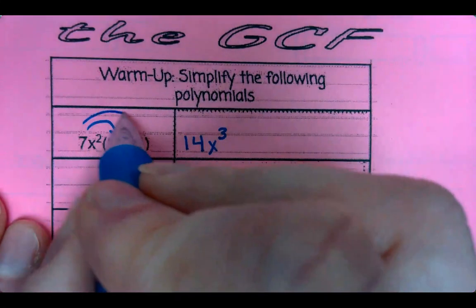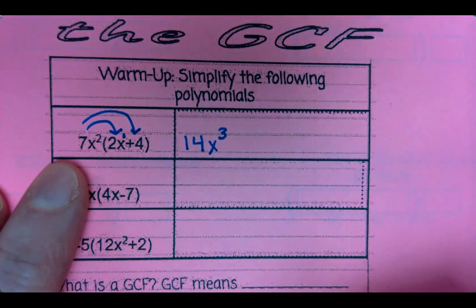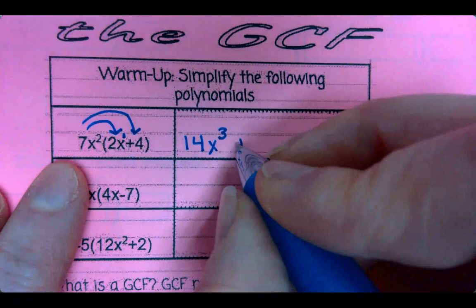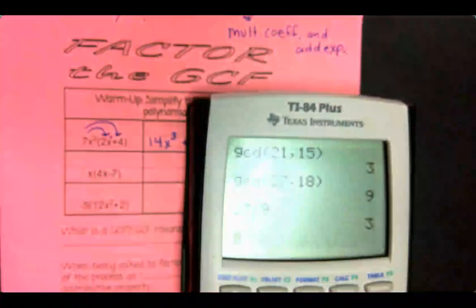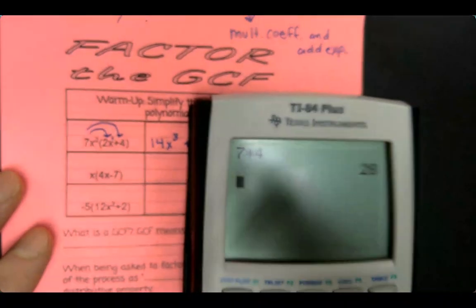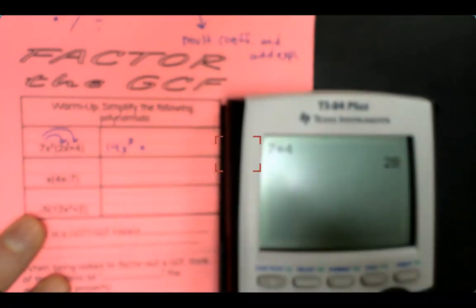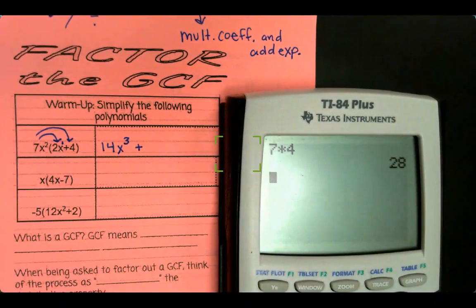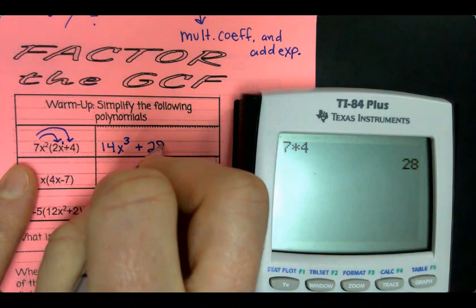Then we're going to distribute 7x squared and 4. So we're going to multiply 7 times 4. So if you need to, use that calculator. 7 times 4, 28. And add your exponents. Well, we only have an exponent on the outside, so it's just going to stay the same. 28x squared.